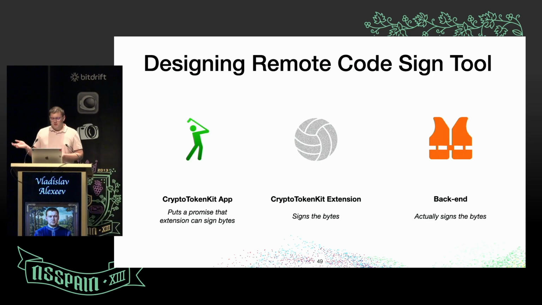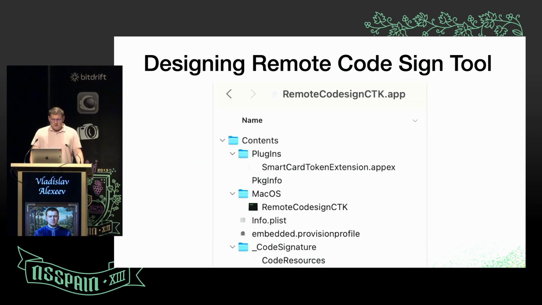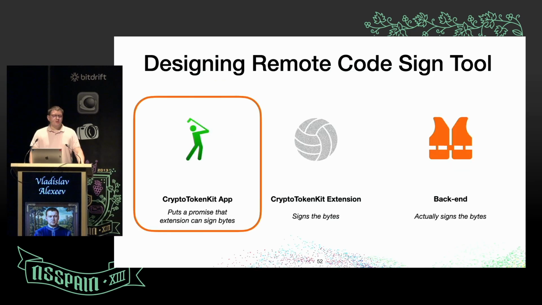And obviously, the person in the backend who actually smokes the cigarettes and performs the dirty job, right? Who actually signs the bytes. This is how the app would look. Default layout, just the executable of the app and the extension in the plugins folder. Nothing interesting. Let's concentrate on the Crypto Token Kit application, what it has to do.